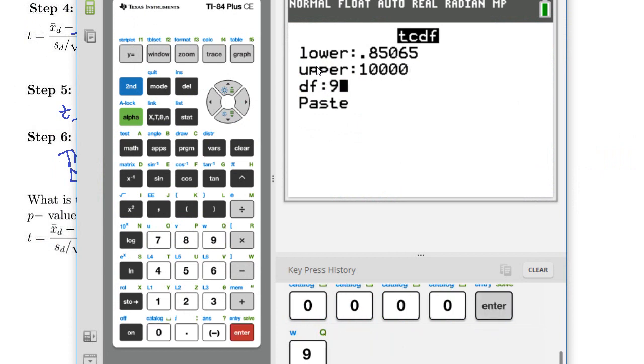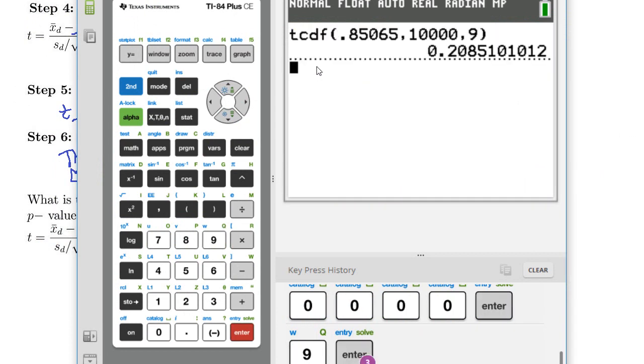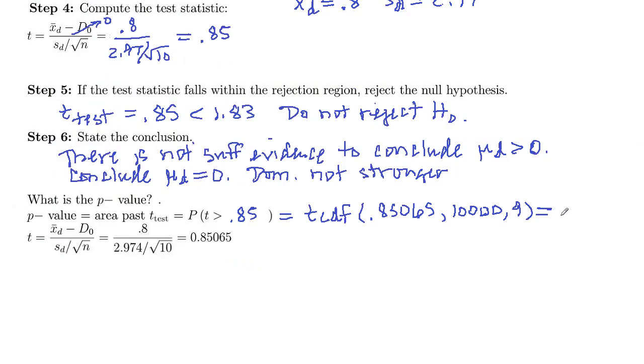Degrees of freedom 9. 0.2085. And we notice here that our P, which is 0.2085, is greater than 0.05, which is alpha. So again, we do not reject H0. So we get the same conclusion both ways.